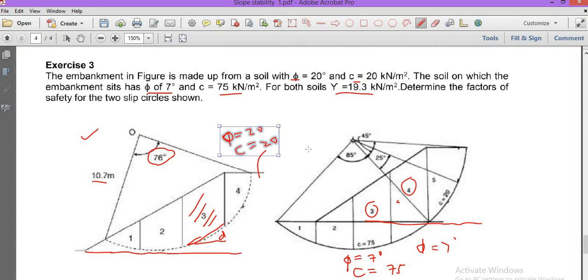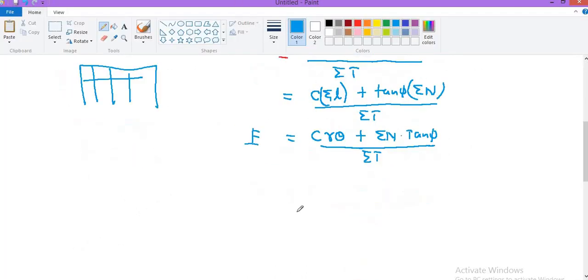So to calculate this, C is 20, R is 10.7, theta is 76, again in radians, giving 580 plus.